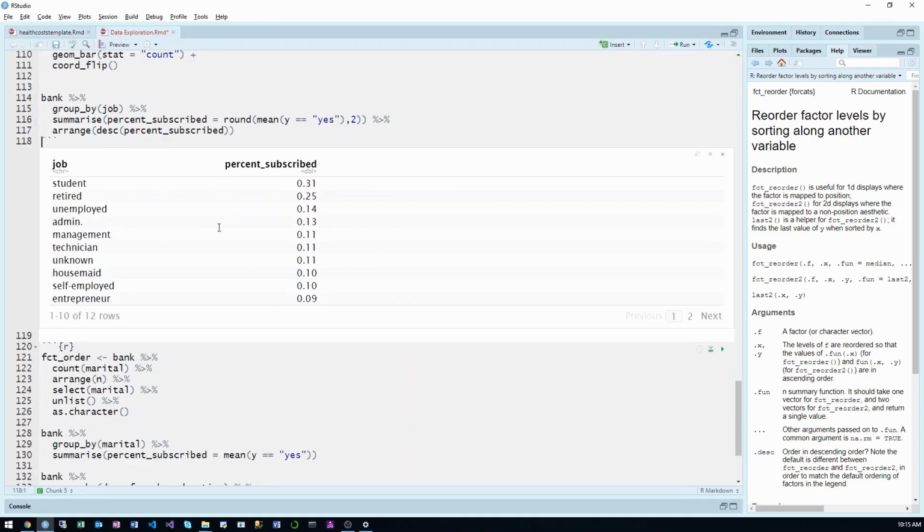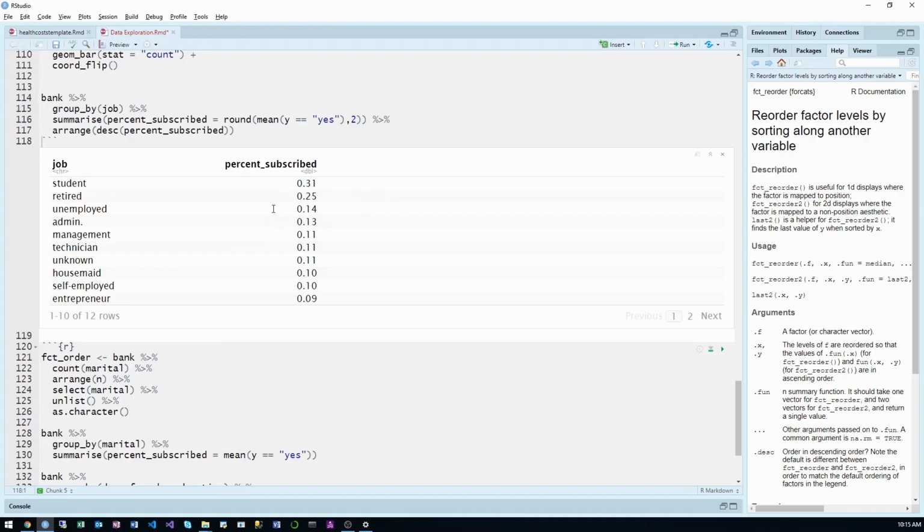This is more useful for the problem because you can see students have the highest percent subscribed, and students and retired people. So maybe these are students who are taking out loans to pay for school, or these are retired people who no longer have a normal income.